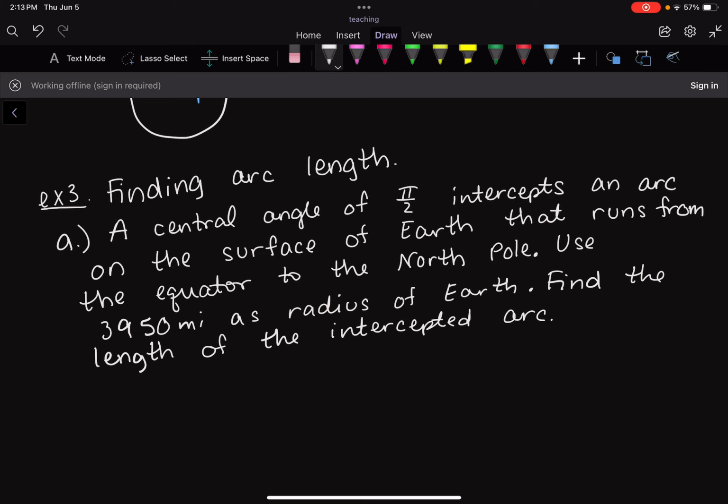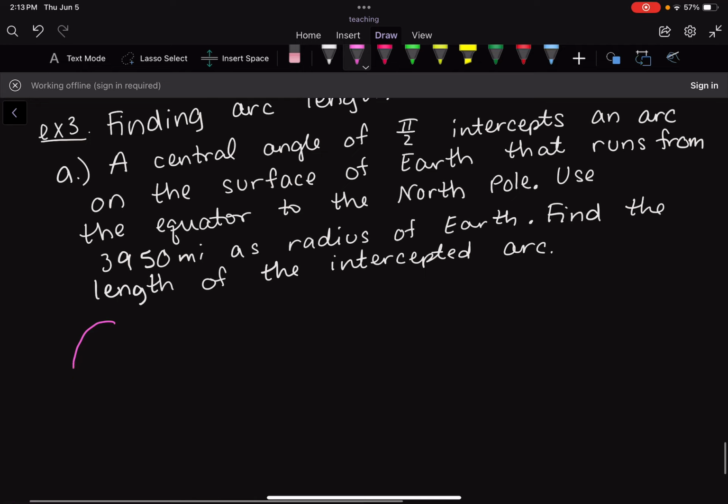So I always like to draw a picture of what I'm dealing with. We're talking about Earth, so I'm going to draw a circle. I know that the radius of Earth is 3,950, only because they told me. It says from the equator. So the equator of Earth is this horizontal line that cuts through the center of Earth to the North Pole. The North Pole is located upwards.